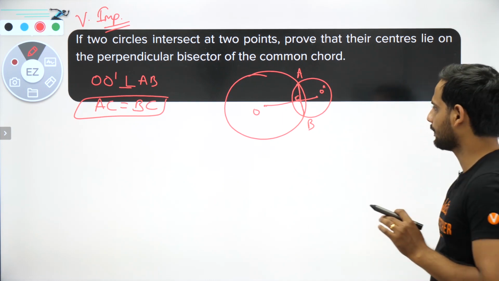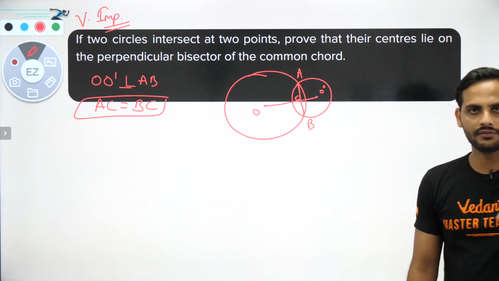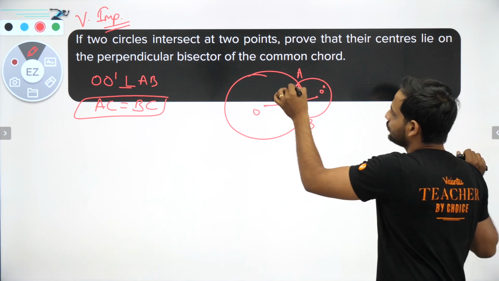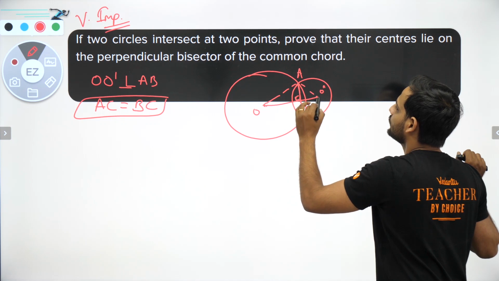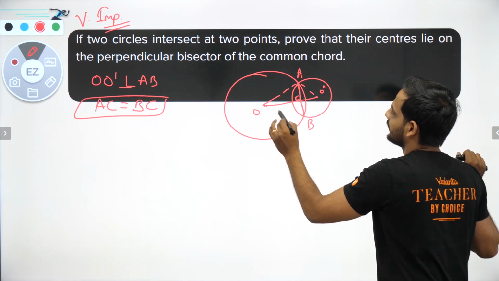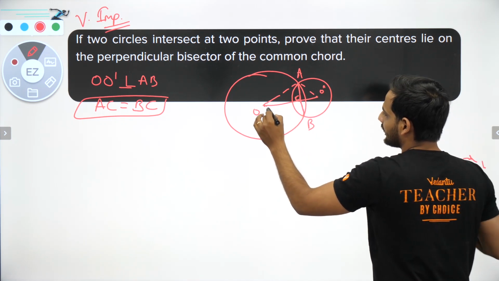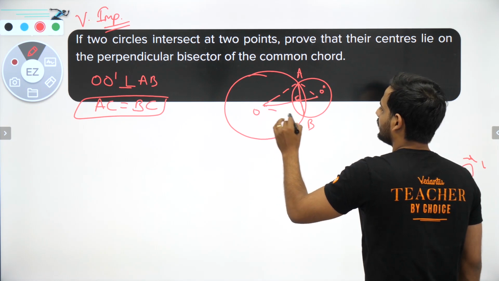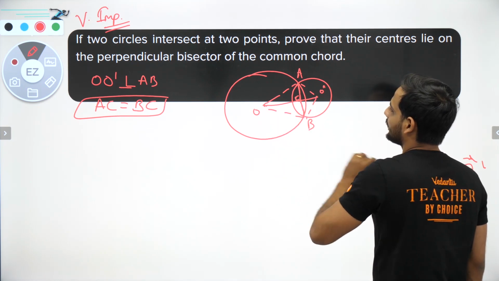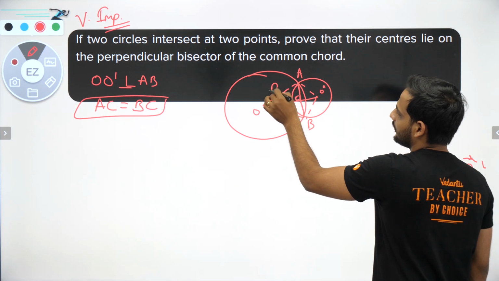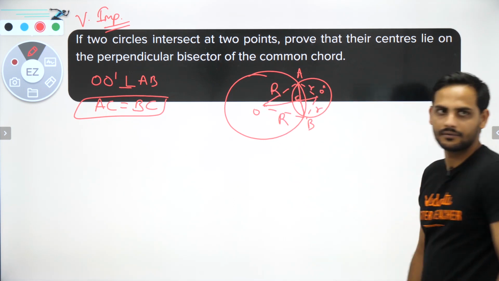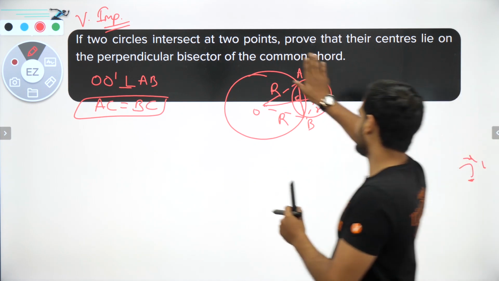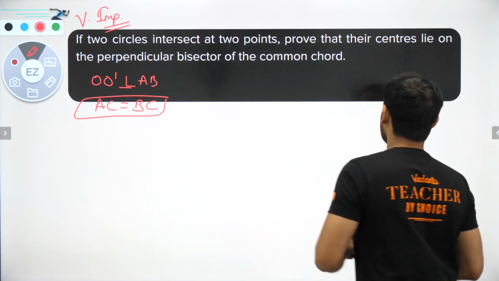Again, a very easy topic, bachon. See, what you'll do first, try to join these. Joining was required here. You were feeling that the diagram was incomplete, no? So this, let us say, is capital R, small r, small r. Let me make a larger diagram so that it will be very clear for all of you.